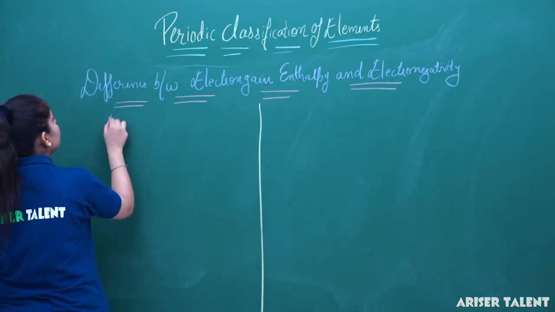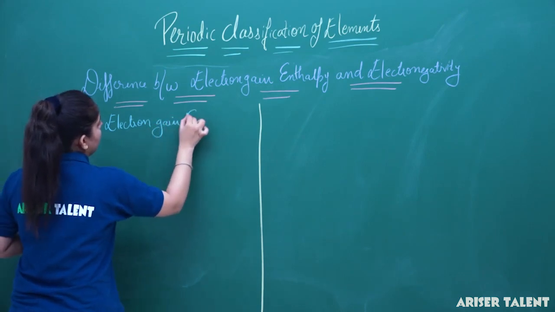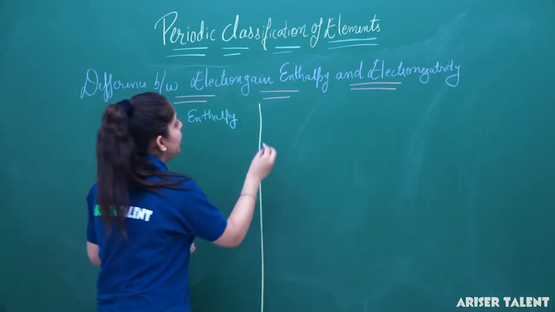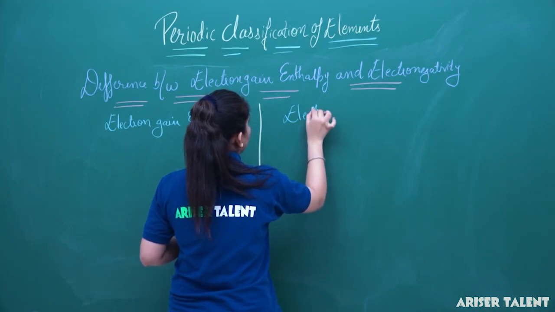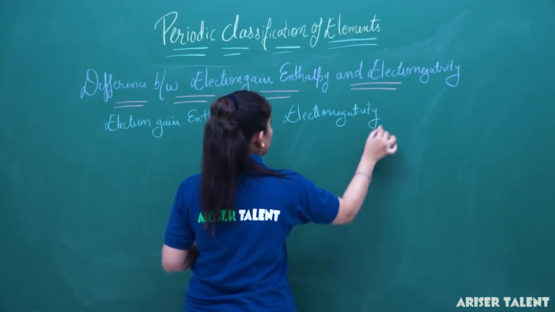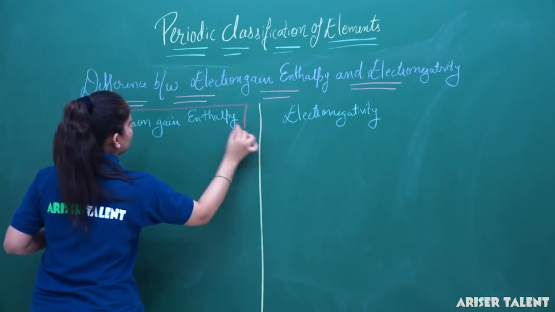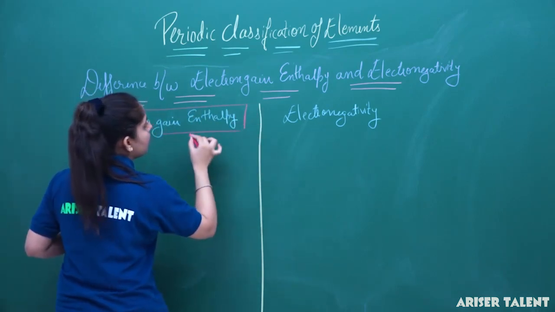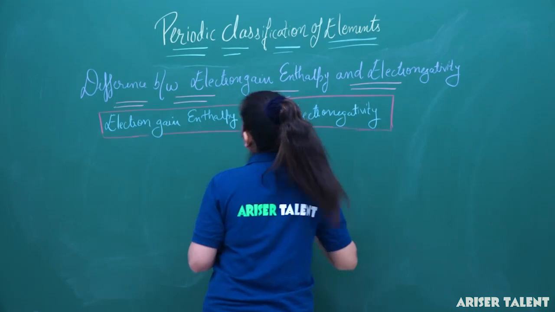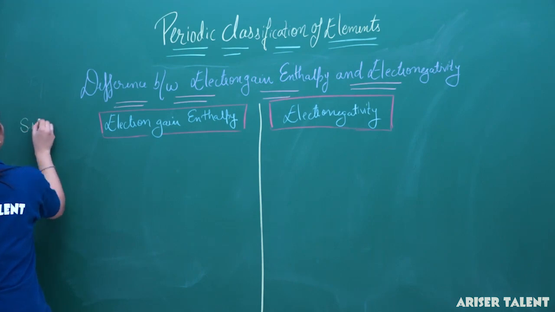So, the first term is electron gain enthalpy and here electronegativity. Here we are drawing the serial number.